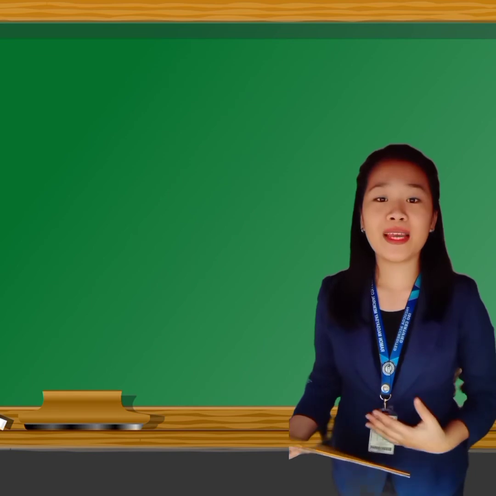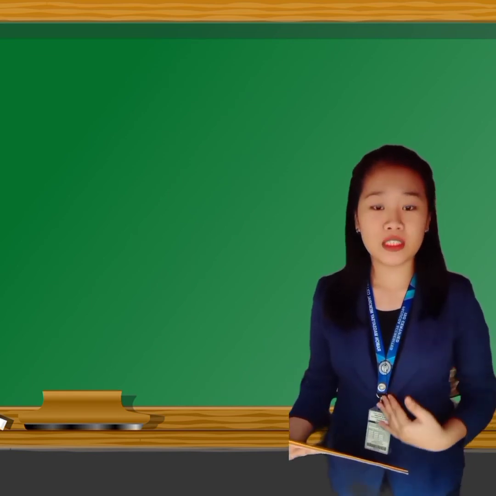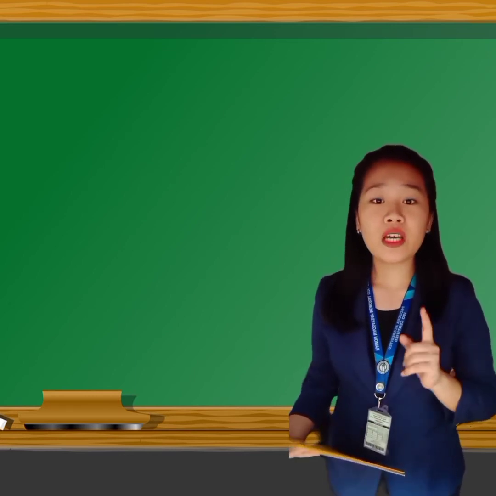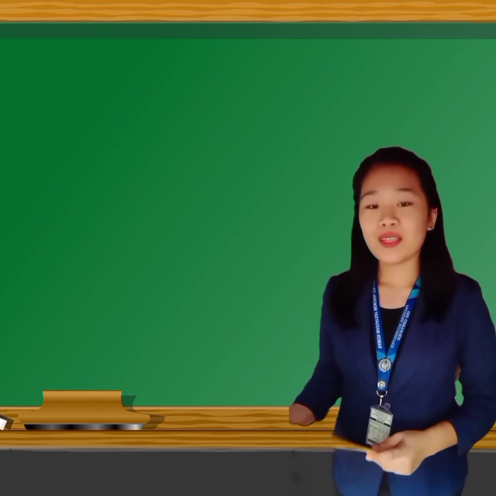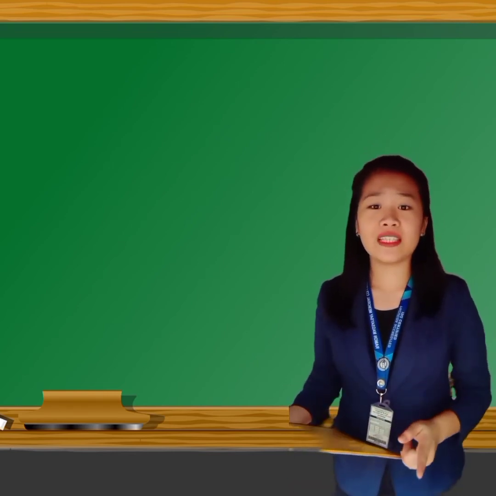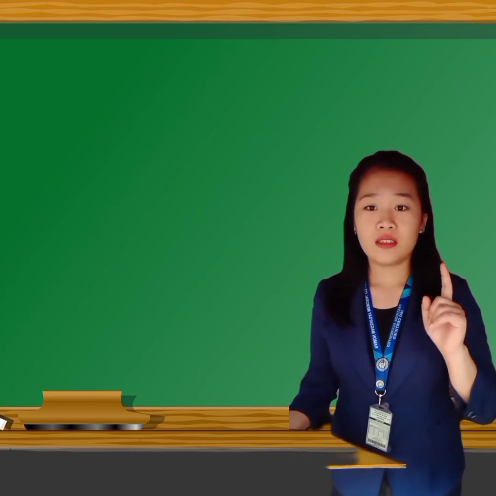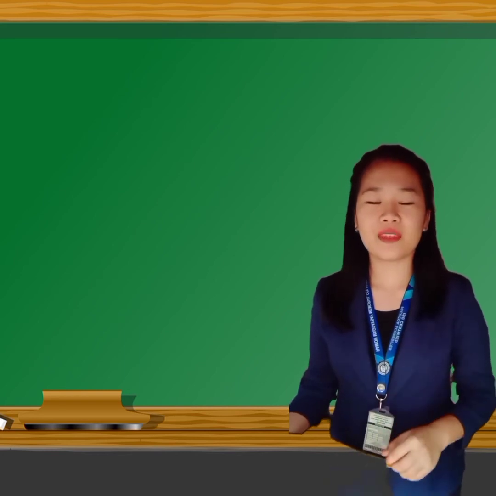Did you understand my lesson? So if you understand our lesson, I have a question here. And if you know the answer, just raise your hand. Okay? Number 1. Do you find the relationship between volume and density? Lim. Very good.